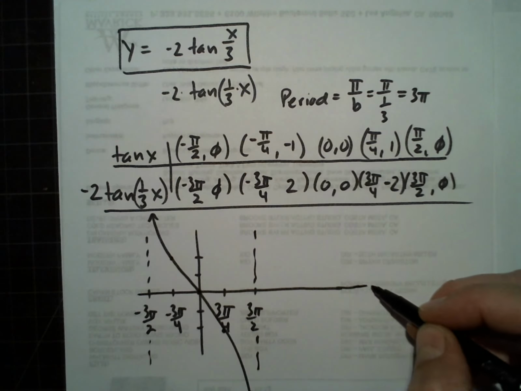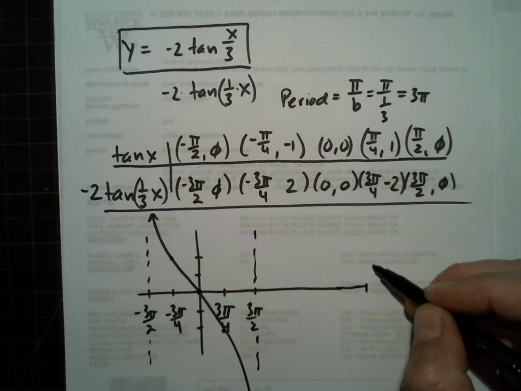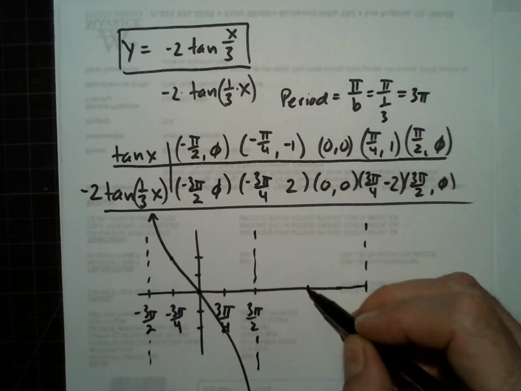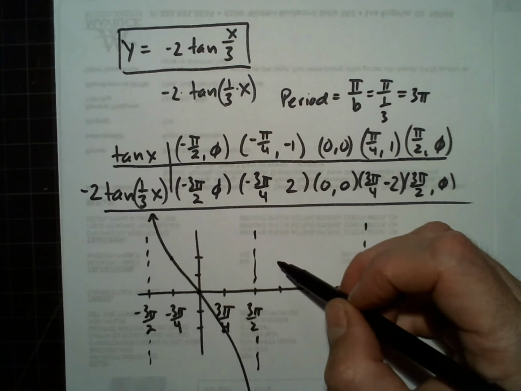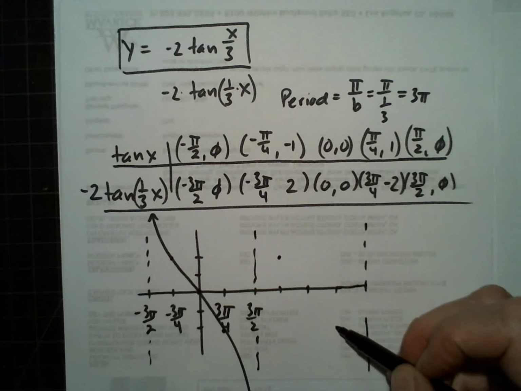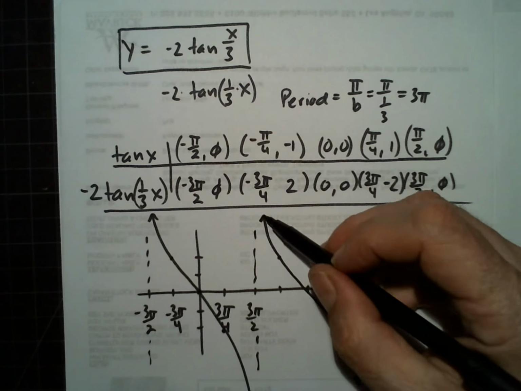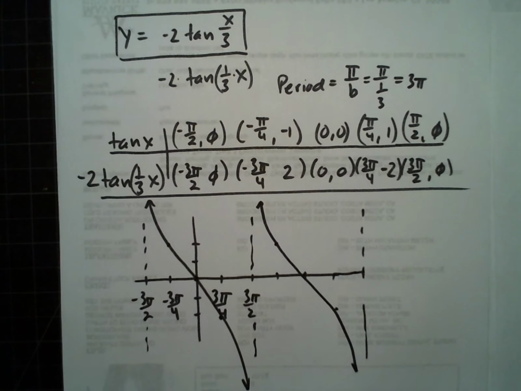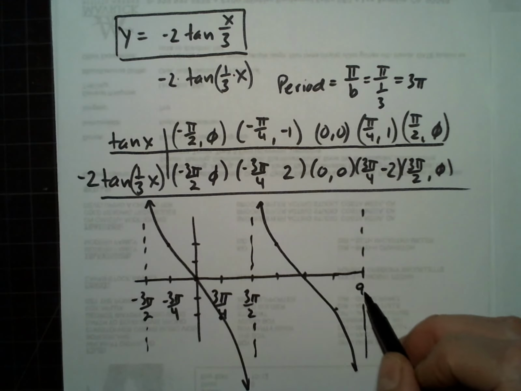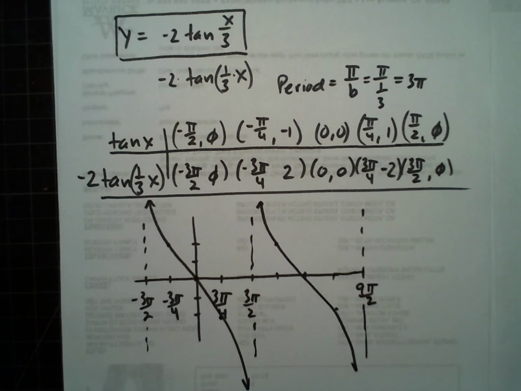So we could just go out here again, that same distance, to draw another cycle. And the asymptotes are at -3 pi over 2, 3 pi over 2, and this is going to be 9 pi over 2, because we added 6 pi over 2.